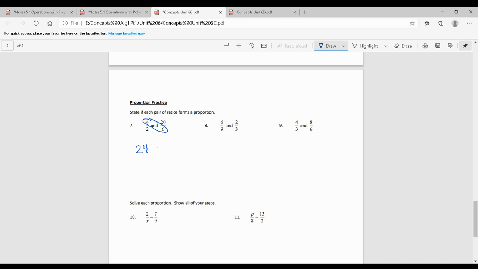We're asking, we don't know yet, so notice my question mark above the equal sign, is that equal to 2 times 20? What's 2 times 20? Are those equal statements? No. So does the pair form a proportion? No. So not a proportion, because this was false. If I cross multiply and I get a true statement, then it is a proportion.